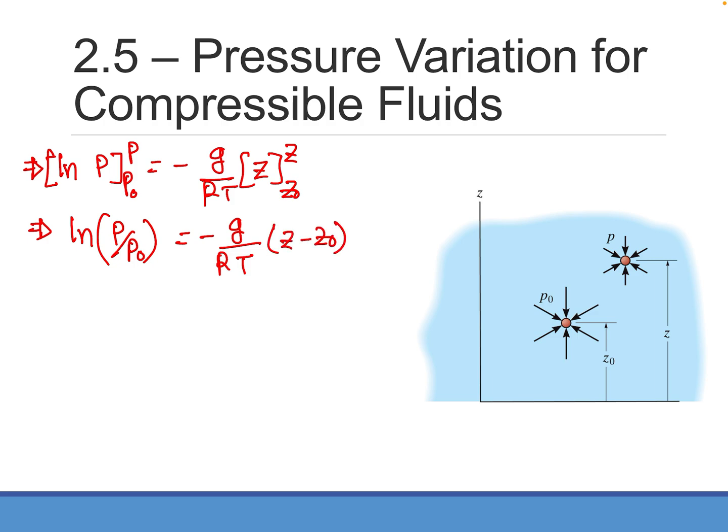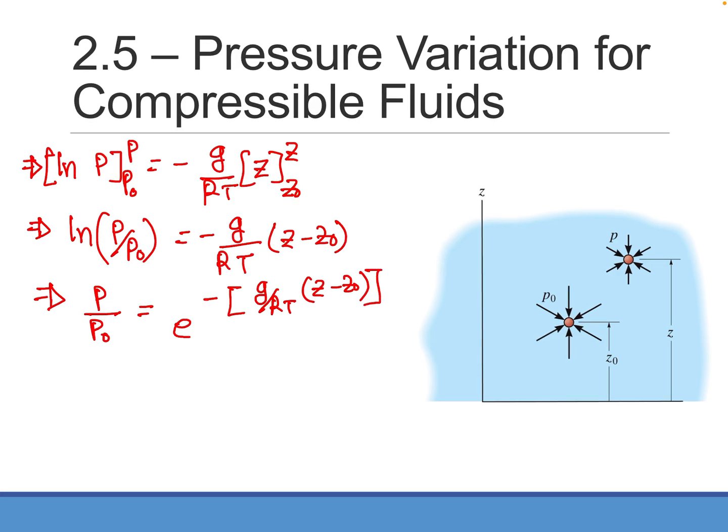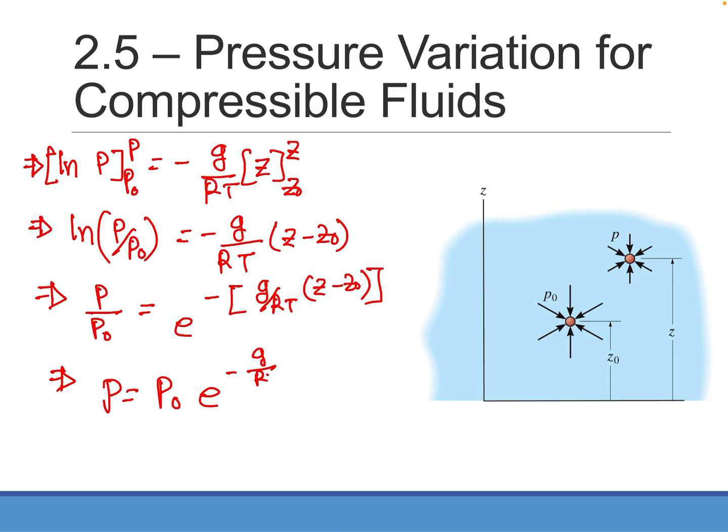Since we are interested in P, I will try to remove the ln. If I take ln from this side to the other side, it will be e to the power negative g over R T times z minus z naught. So P will be P naught e to the power negative g over R T times z minus z naught.